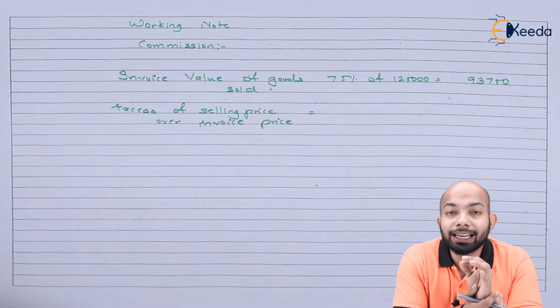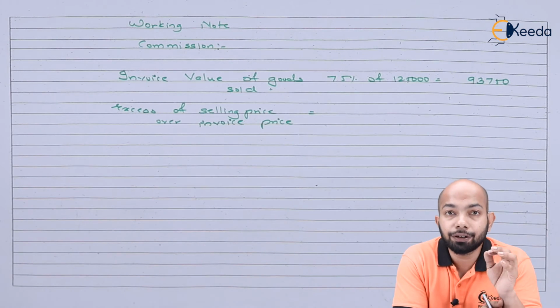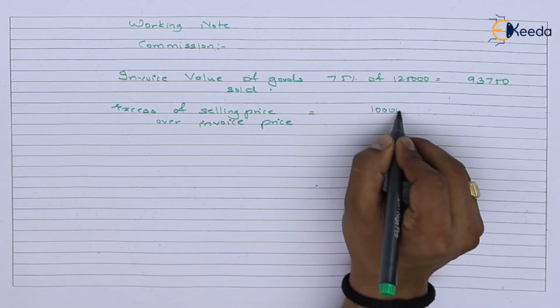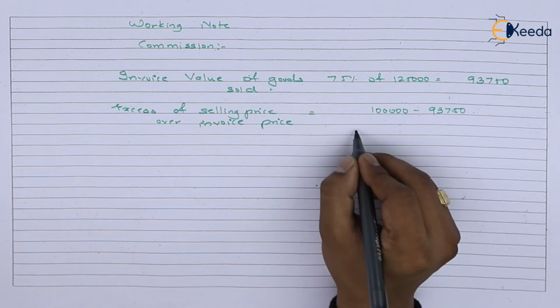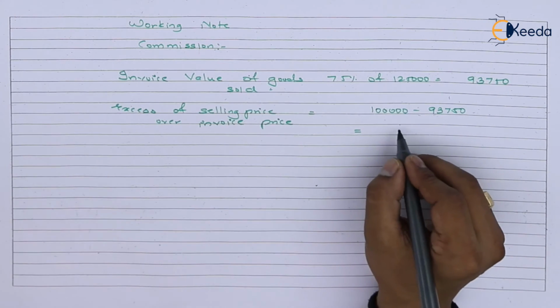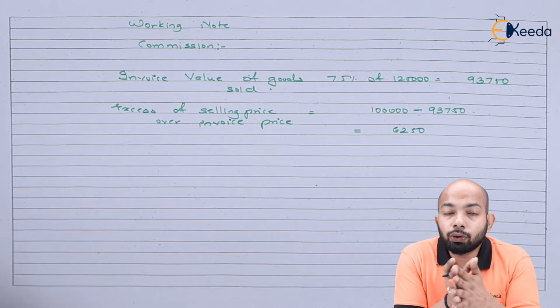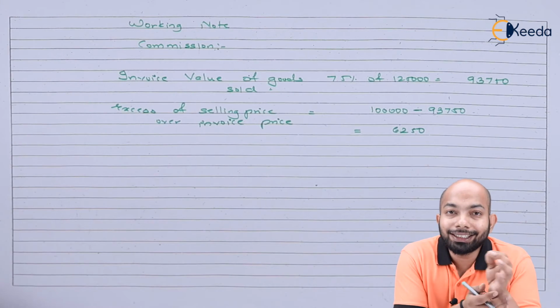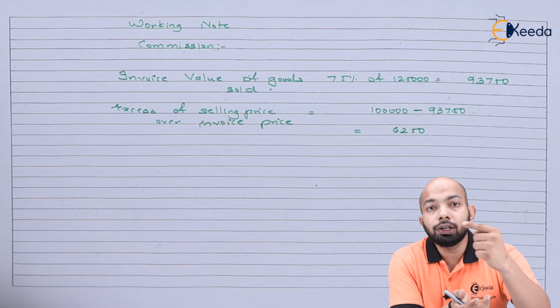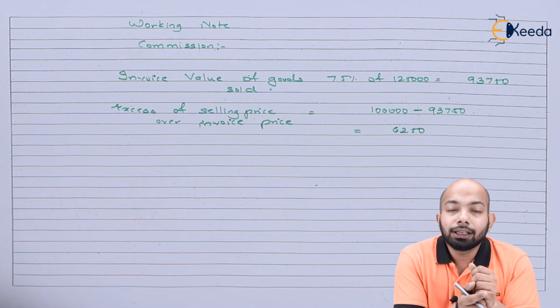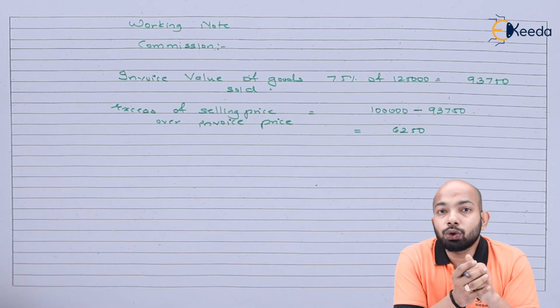That means 1 lakh minus 93,750. So the actual invoice price of the goods sold was 93,750, but you have sold it for 1 lakh. That means the difference is 6250.